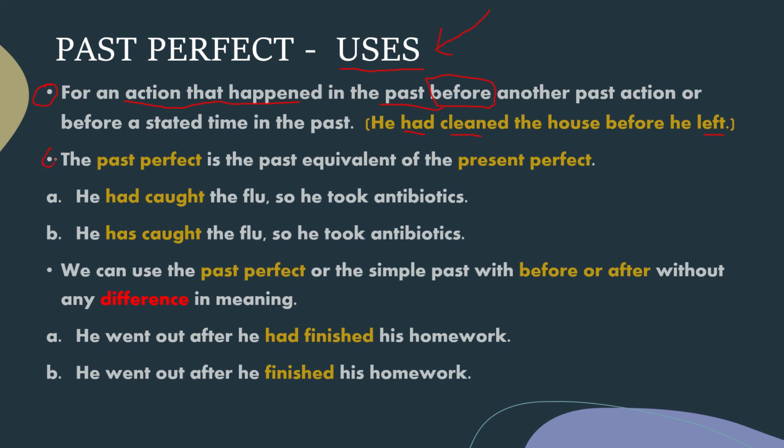Number two, the past perfect is the past equivalent of the present perfect. Let's see that in an example. He had caught the flu, so he took antibiotics. He has caught the flu, so he took antibiotics.